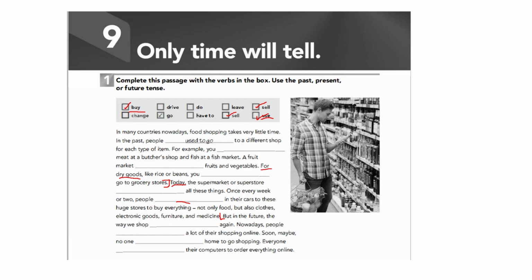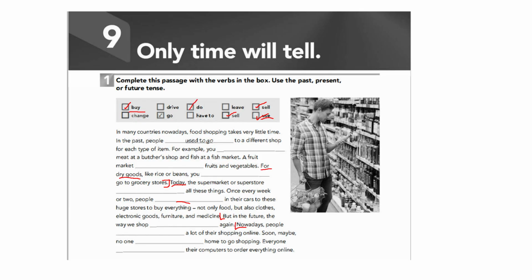And here we have an interesting twist because we're talking here about the future, but then we have another reference to today. Nowadays, people, blank space, a lot of their shopping online. Tell me, Sandra. And nowadays, people do a lot of their shopping online.